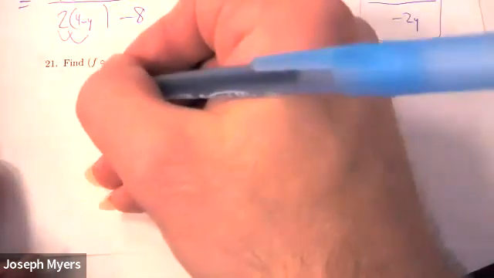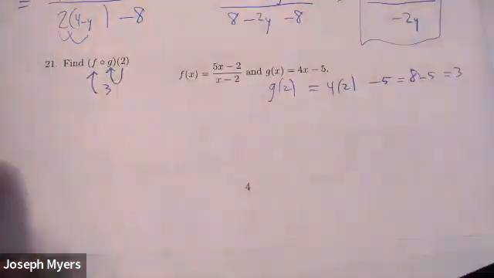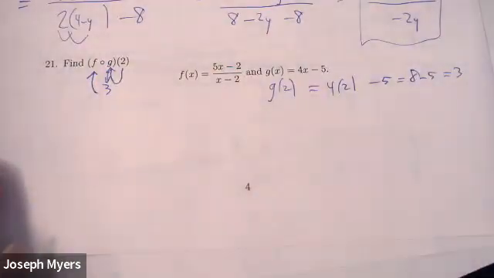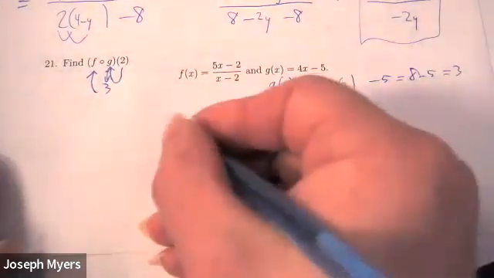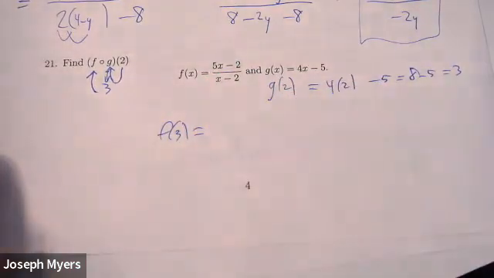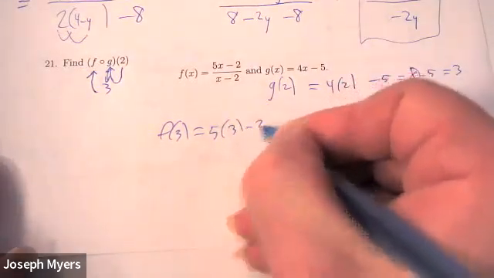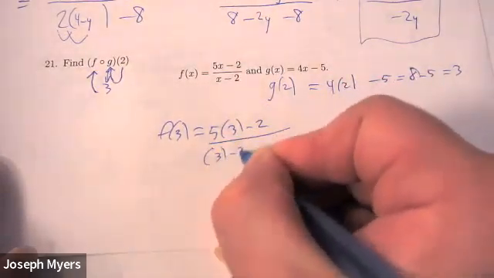So take 3 and plug that into f now. So basically g of 2 equals 3, and then you plug that 3 into f. So what is f of 3? It'd be 5 times 3 minus 2 over 3 take away 2.